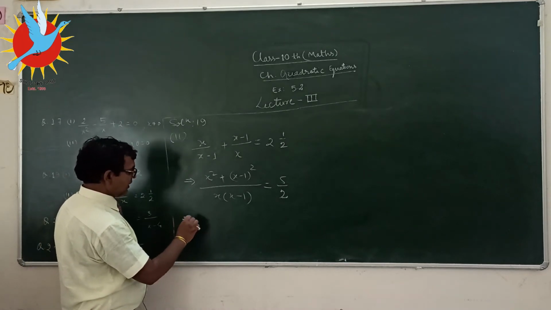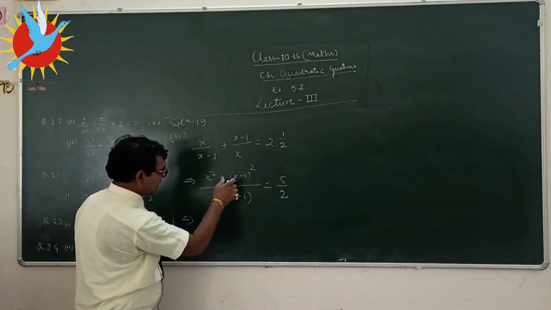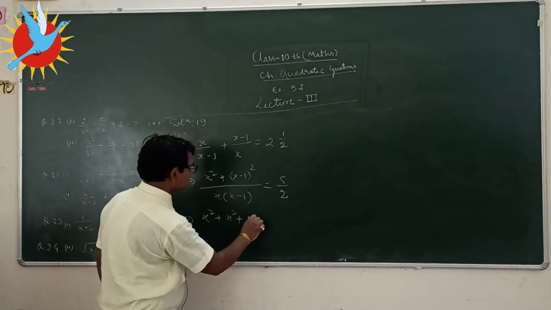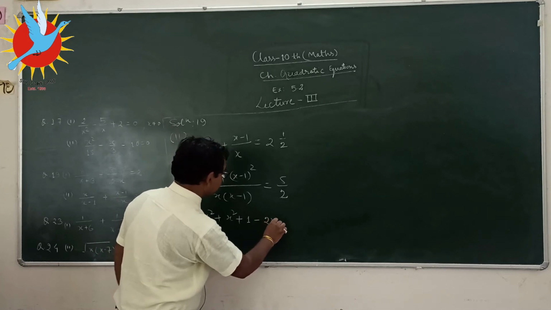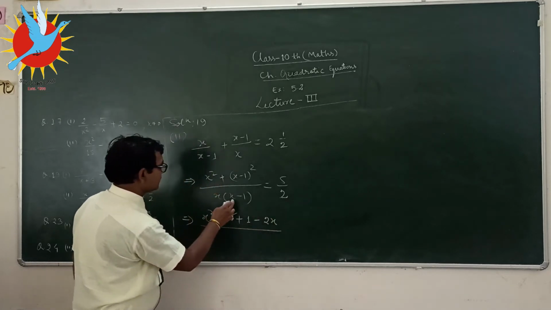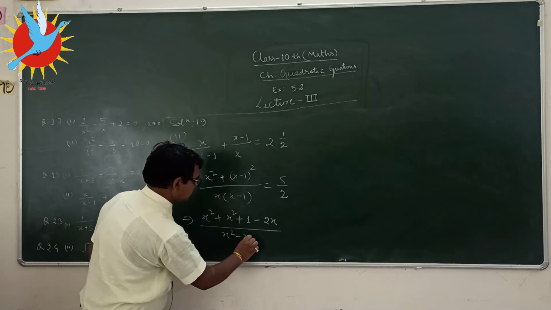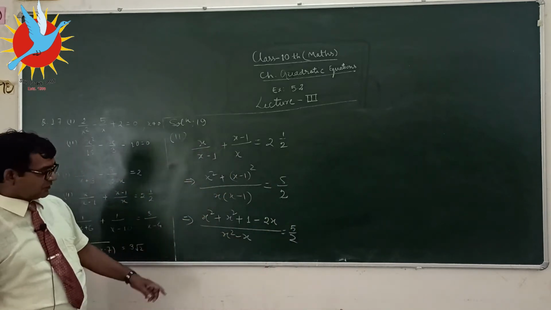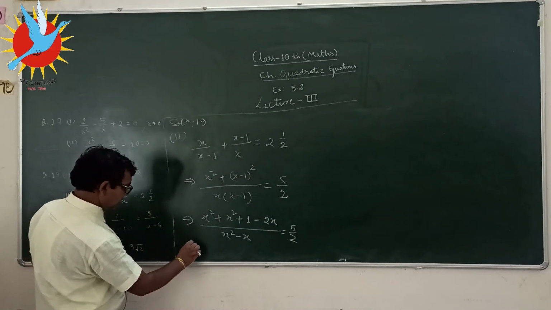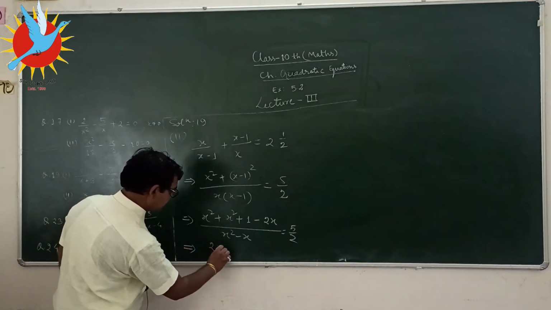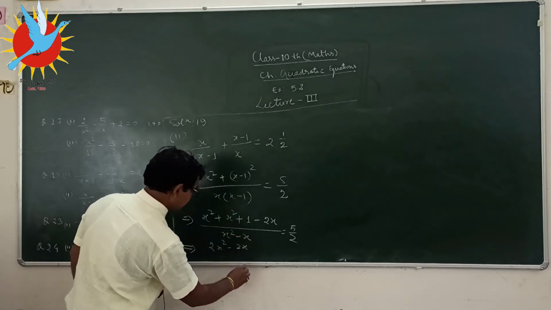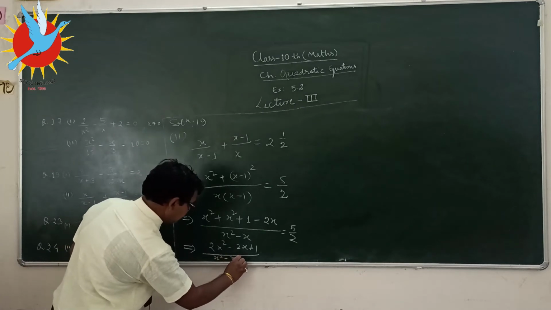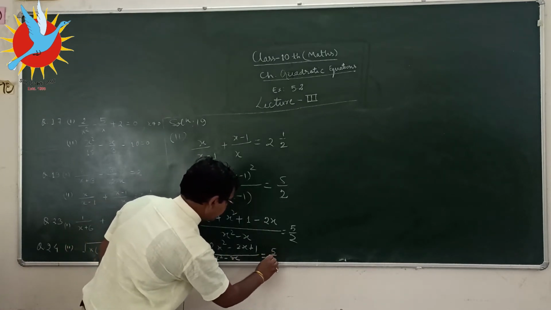We have x square plus expand this, x square plus 1 square means 1 minus 2x upon x square minus x equal to 5 by 2.